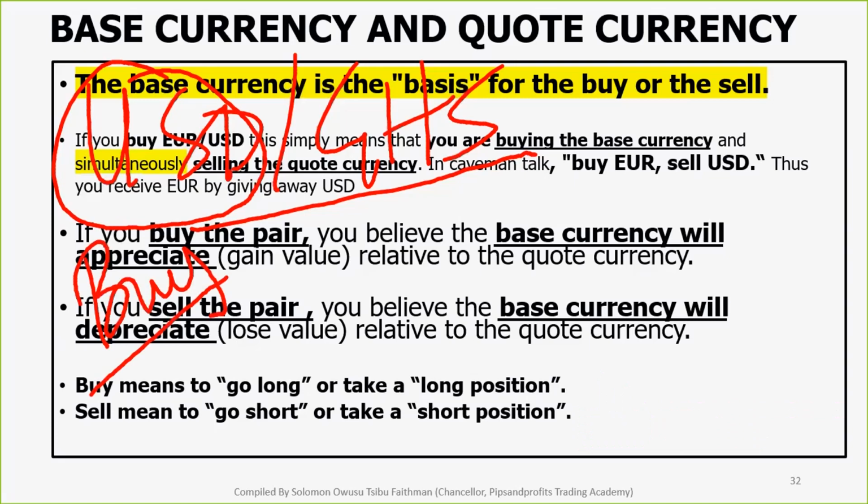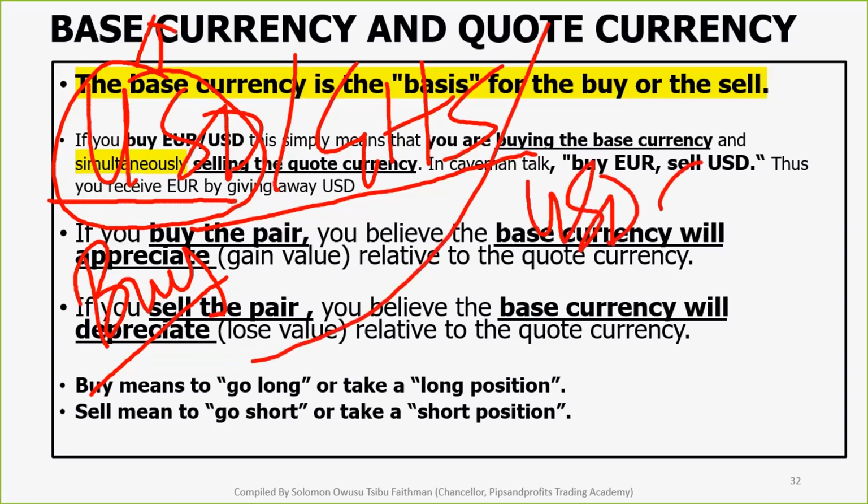When you believe that the US dollar, which is the base currency, is going to appreciate relative to the quote currency, which is the Ghana cedi, then you buy. Very simple. You are anticipating that the rate will go up, so you buy.